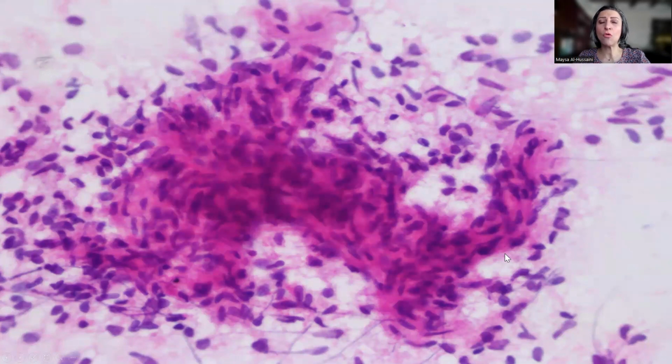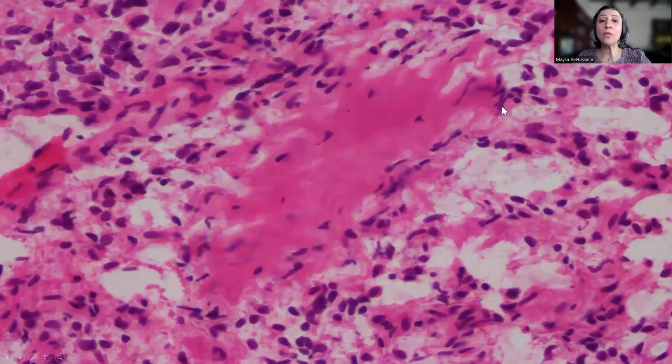These are the staghorn vessels that we tend to see on sections under the microscope. So the frozen section actually contained this area with fibrous tissue or fibrous plaque.